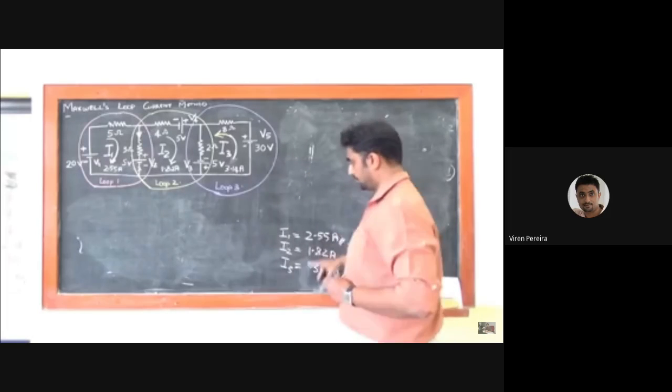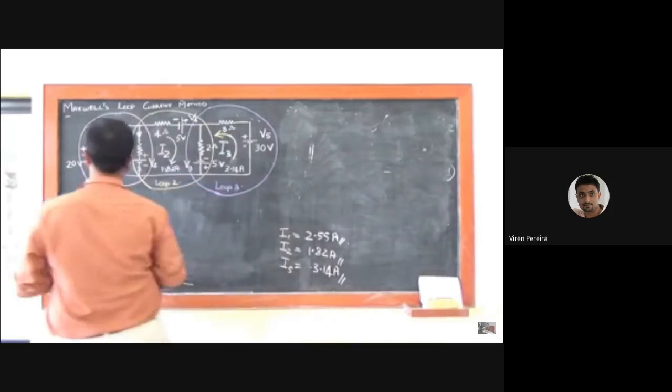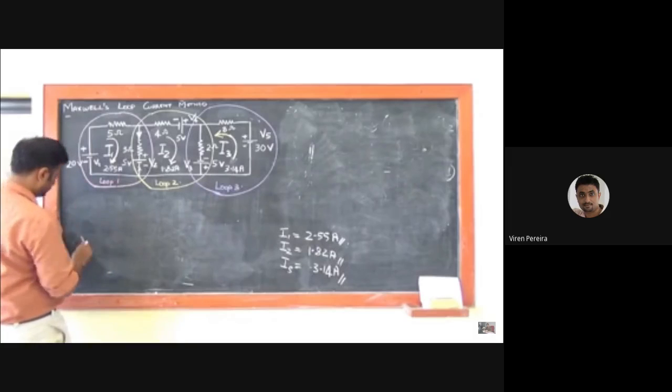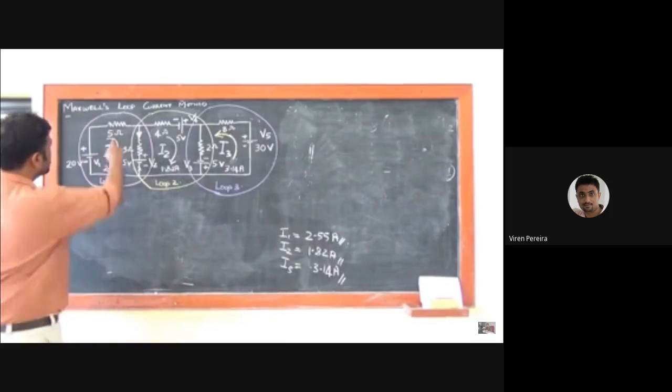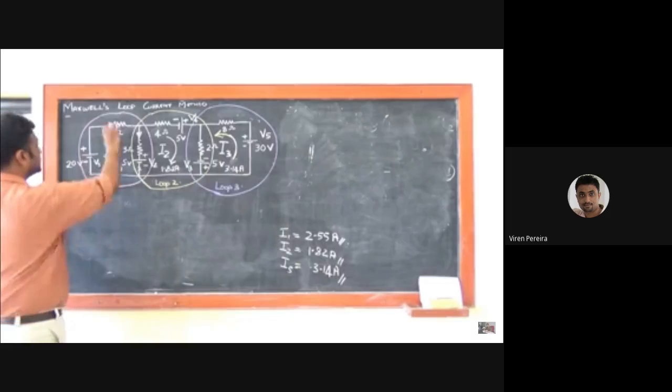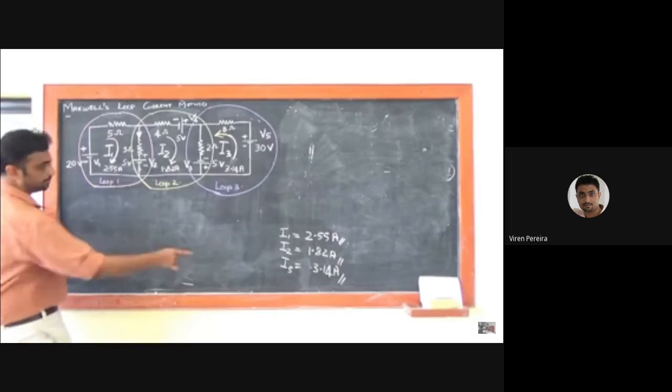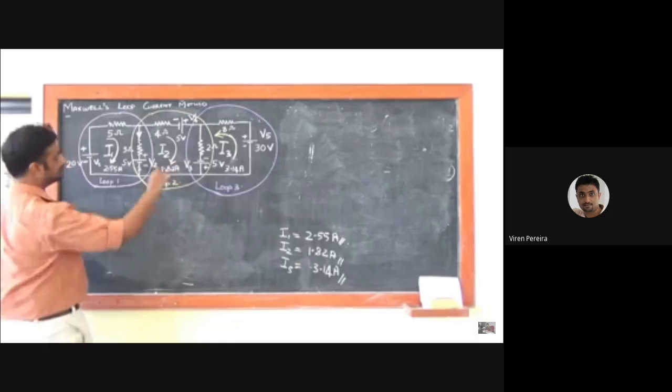So I'll keep these two currents here. So what is the current and voltage in this particular resistor? This is my modified diagram. I have changed I3.